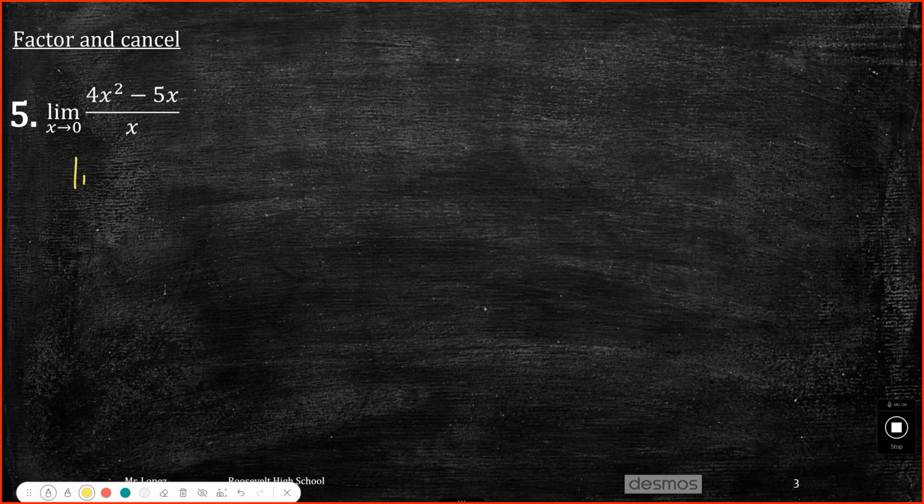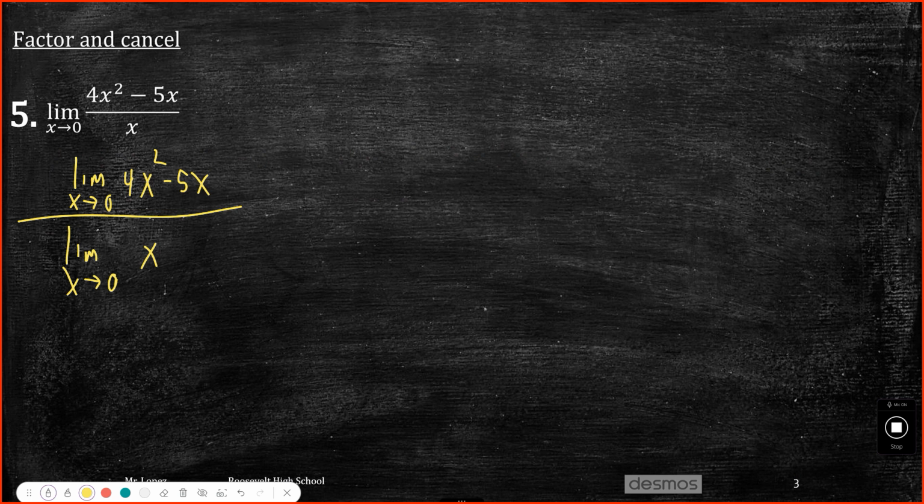So the limit as x approaches 0 of 4x squared minus 5x over the limit as x approaches 0 of x. The limit of the top is 0, and the limit at the bottom is 0. So we're getting 0 over 0, which is called indeterminate form. So we have to do more work.